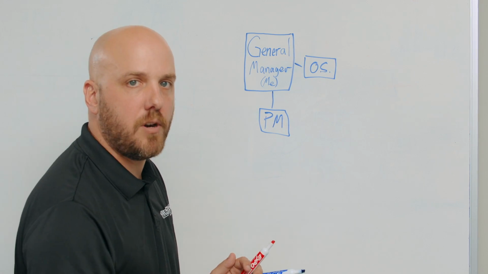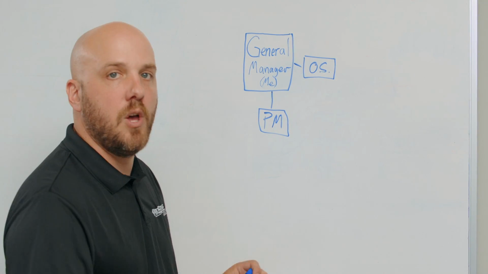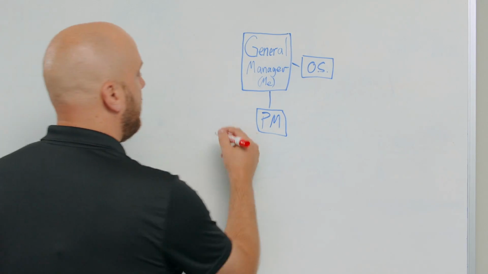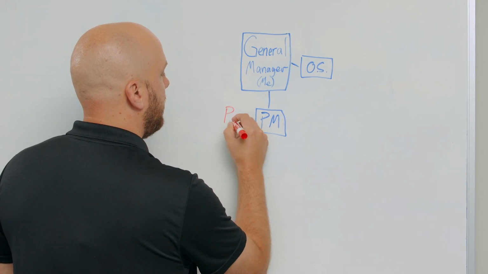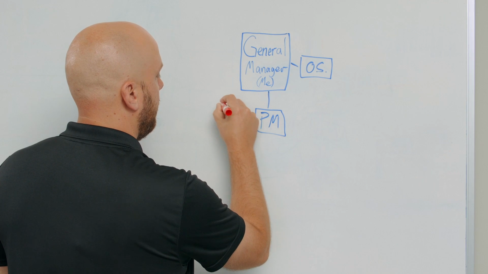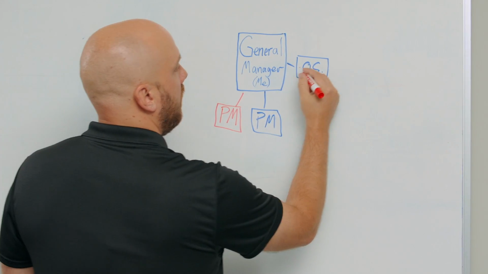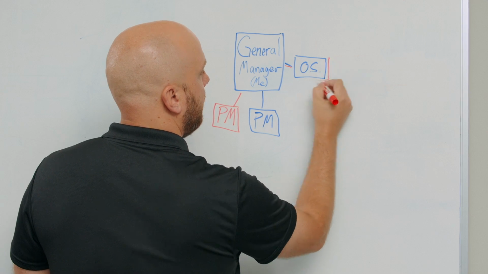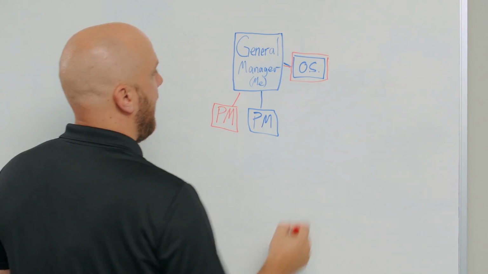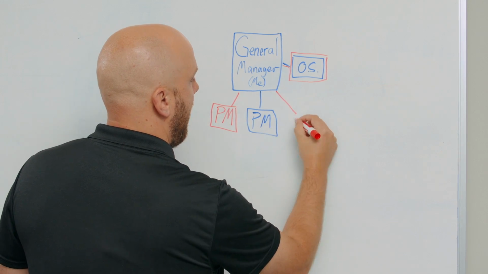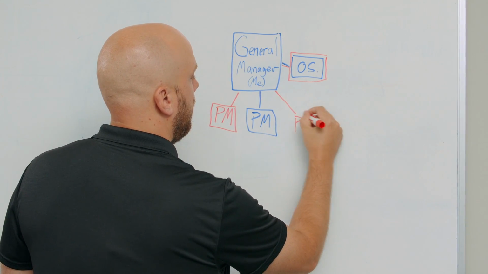The second part of the process is drawing where you will be in 1 year. Who's coming next? I want to hire one more project manager. I want to go full-time on this office staff. And hopefully by the end of the year, I have my third project manager.